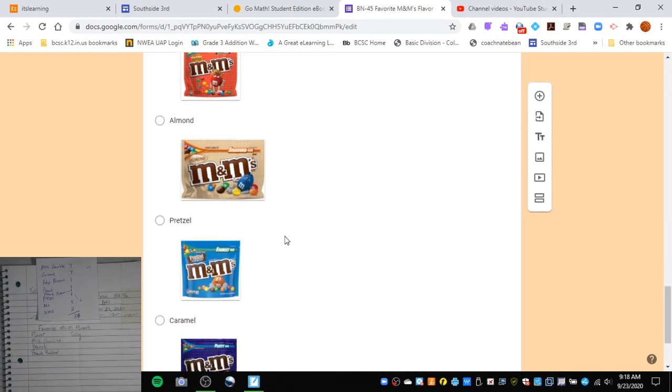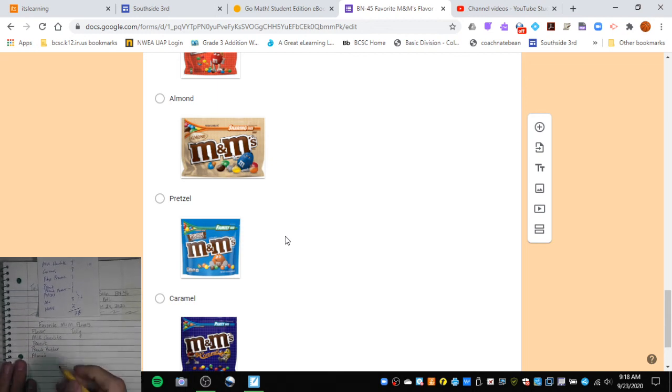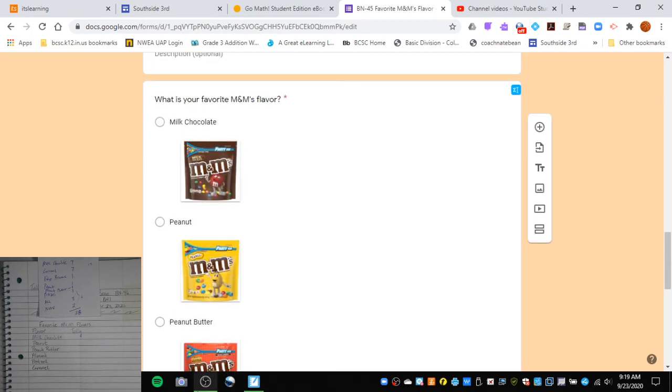And then going on down the line here, almond, pretzel, caramel, and then there was that other, and that was where I made my mistake. It should have been either none or just leave it blank, make somebody pick. Okay, so got that taken care of.